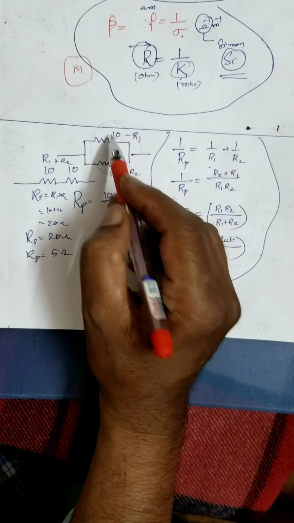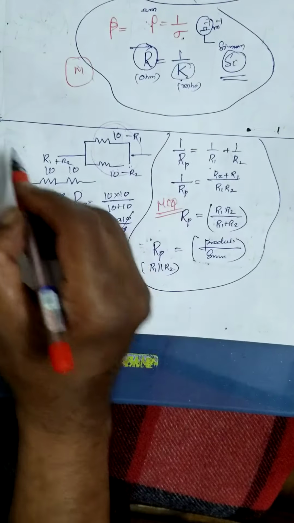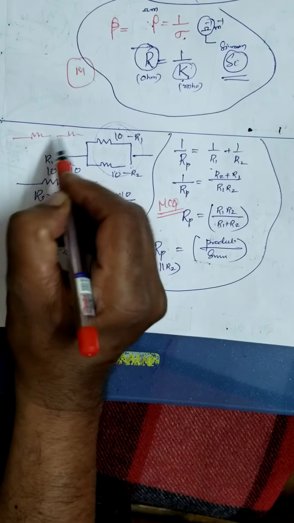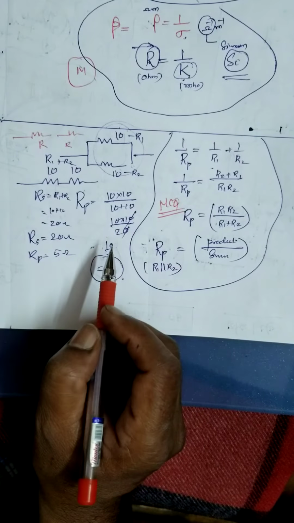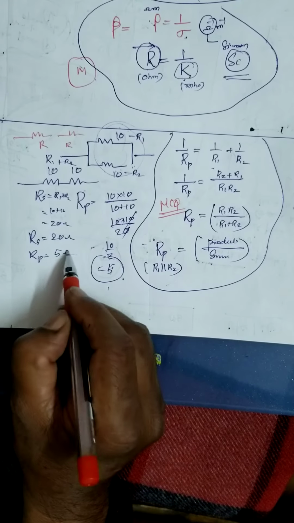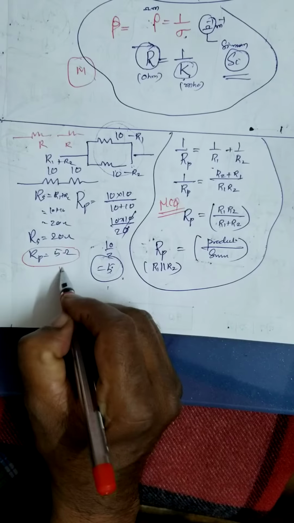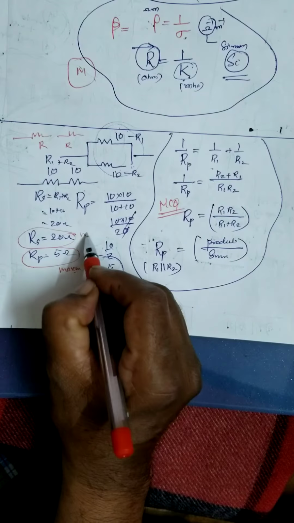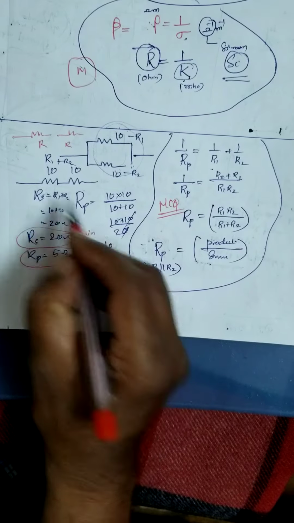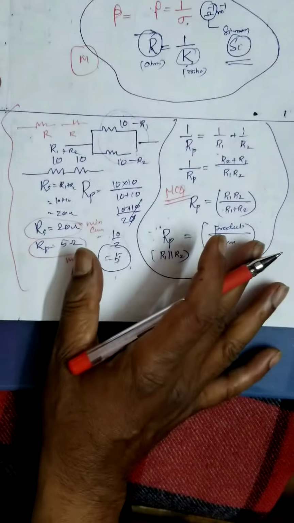Now, when two identical resistors are given, which combination gives maximum current? Here less resistance, therefore maximum current. Here more resistance, minimum current. These are the usual questions they keep asking everywhere.